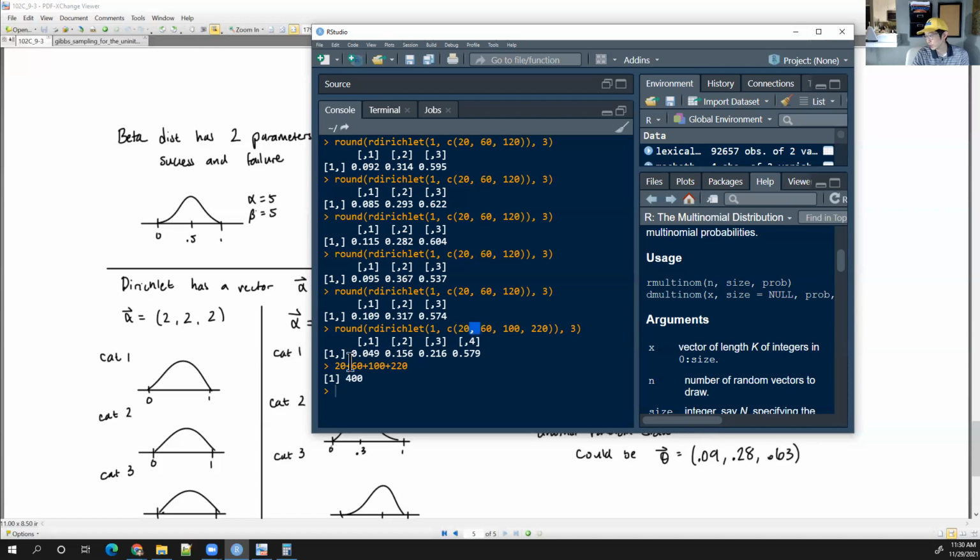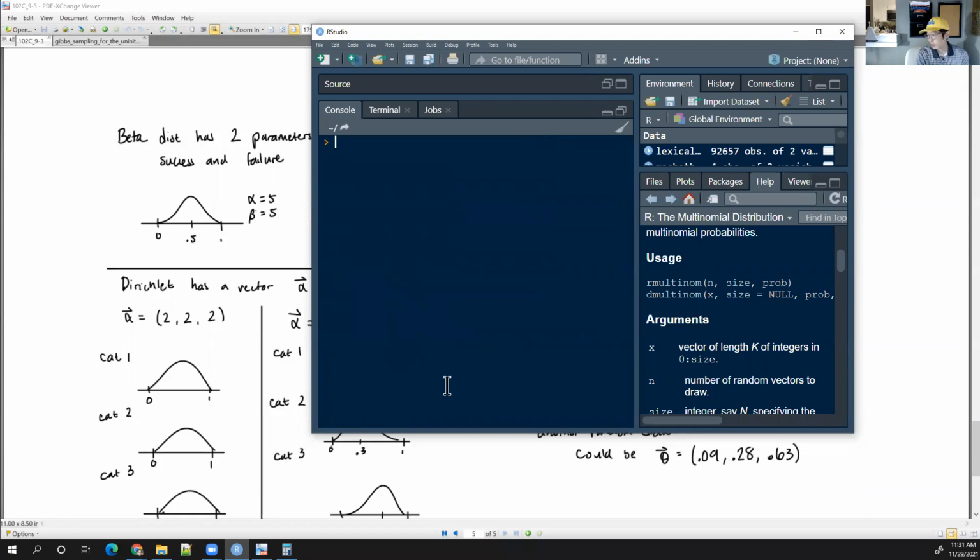So 20 out of 400, we're expecting something around 5%. 60 out of 400, something around 15%. 100 out of 400 is something around 25%. And 220 out of 400, what is 220 out of 400? Something around 55%. Okay, again, subject to randomness.